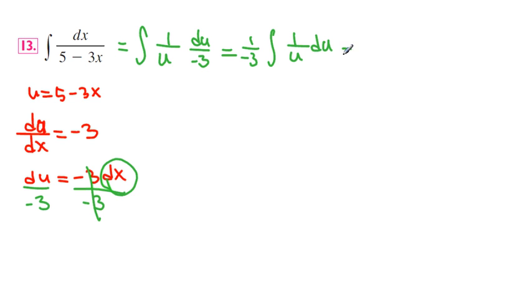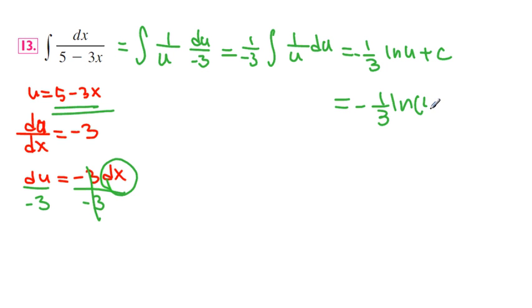Then integration of that becomes negative 1/3, and integration of 1 over u becomes ln of u plus c, which ultimately becomes negative 1 over 3 ln of, in place of u, we can put 5 minus 3x plus c.